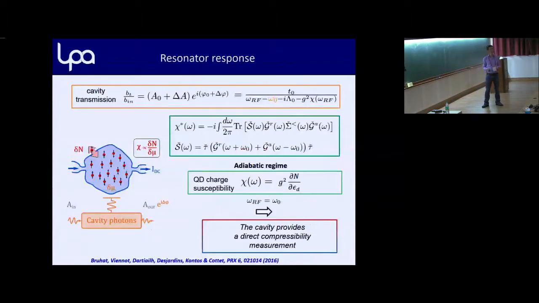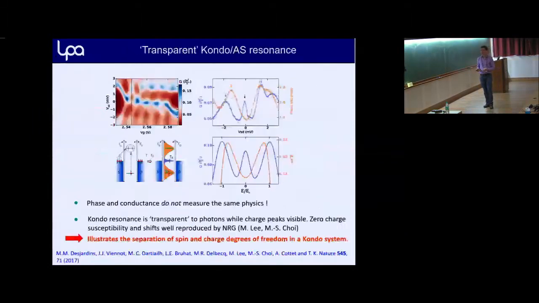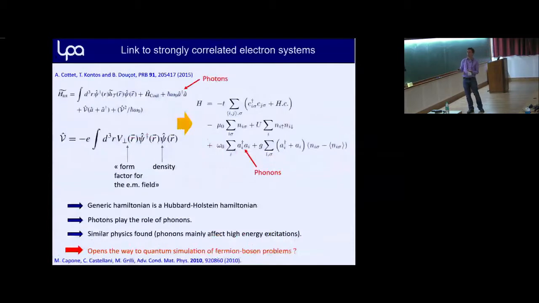So I have a hybrid fermion-boson system. By doing the analogy between the photons in the cavity and, for example, an Einstein mode for phonons in solids, we like to see this as a basic circuit for doing quantum simulation of fermion-boson problems.